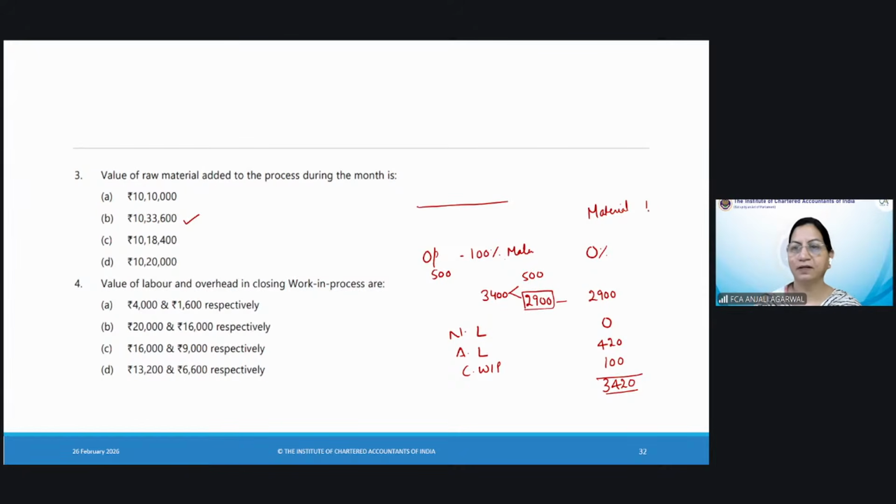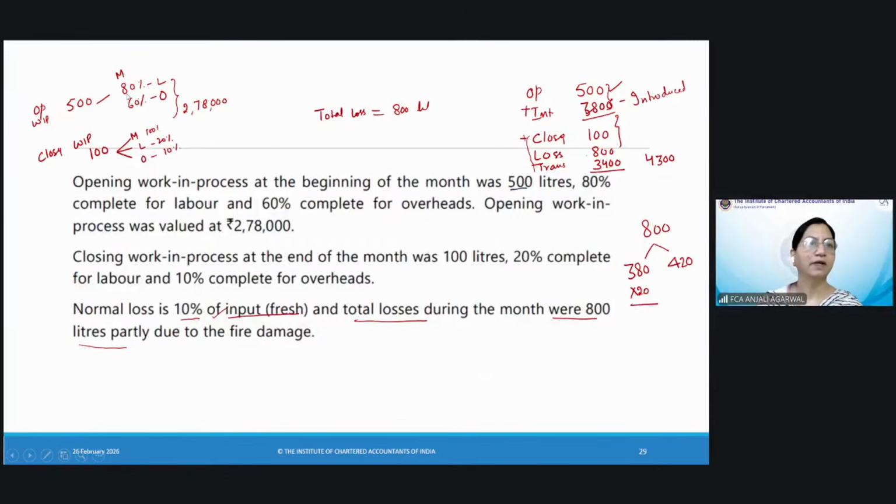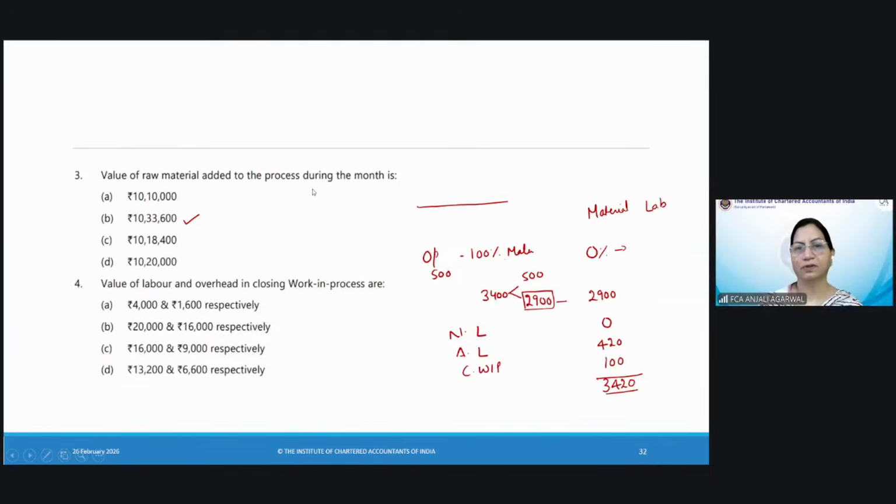Similarly, you will calculate labor cost. Opening WIP was how much percent complete as far as labor? 80%. So you employed 20% on this. 500 units, 20% work done is 100. 2,900 is 2,900. Normal loss is 0. Abnormal loss is 420.